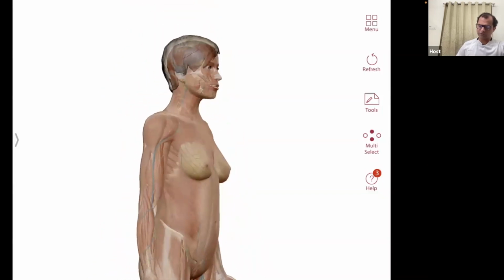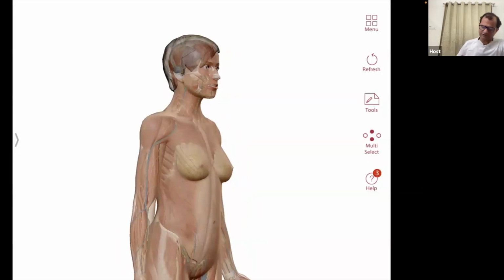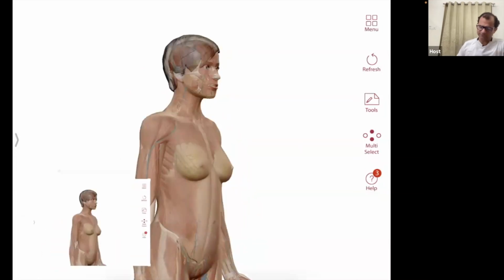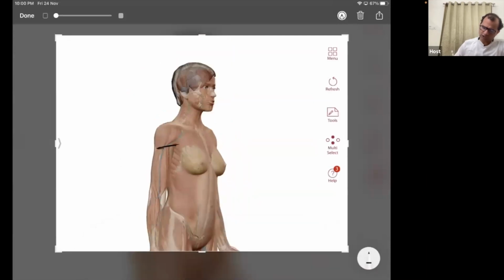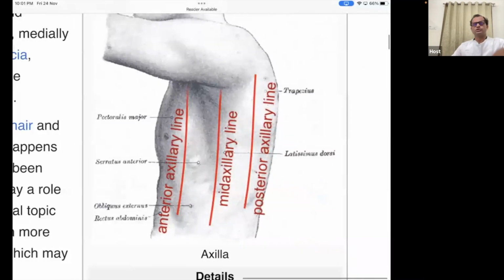So we know this is the axilla, and this is inside the axilla, right? If we draw one line in the anterior part of the axilla, and one at the middle part of the axilla, maybe I have to use another image for clear understanding. Give me 1 minute.